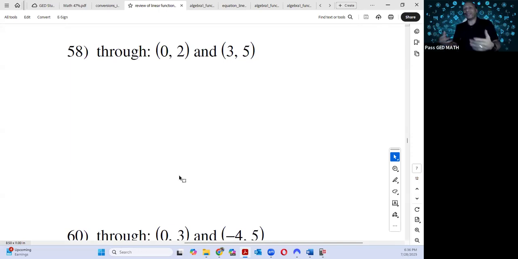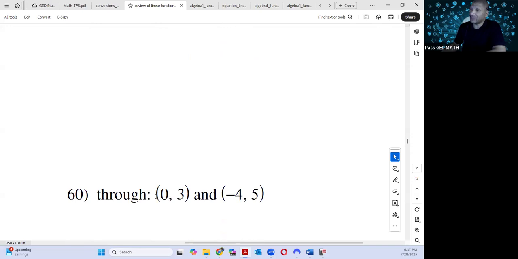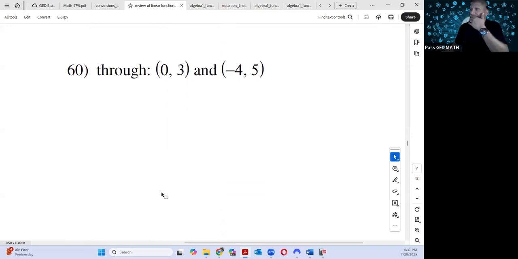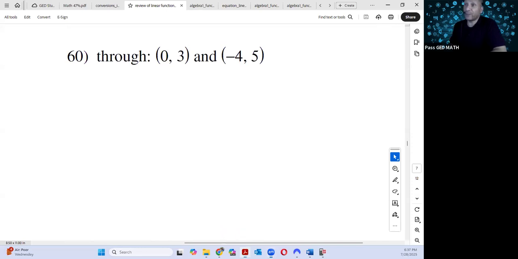Okay. So can anyone tell me how I would find the slope? So first of all, let me do this. Let's do number 60. And what I'm going to do is I'm going to say A, y equals 1/2 x minus 3.